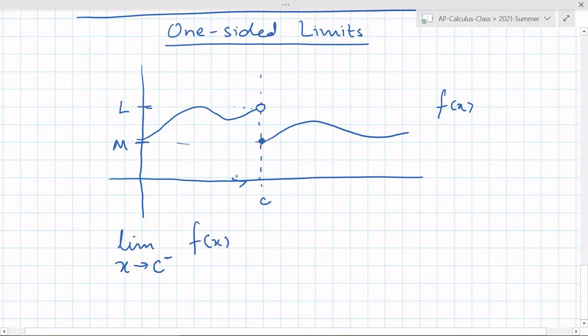That means when I'm approaching c from the left side, what is the limit of the function? I am on this part, moving on the graph like that. What is that limit? L, right? As you come from here, you're going to L.